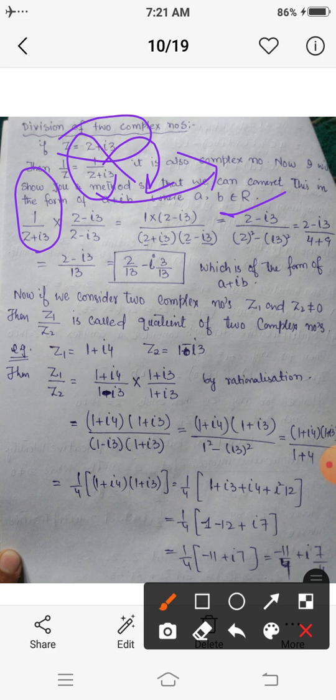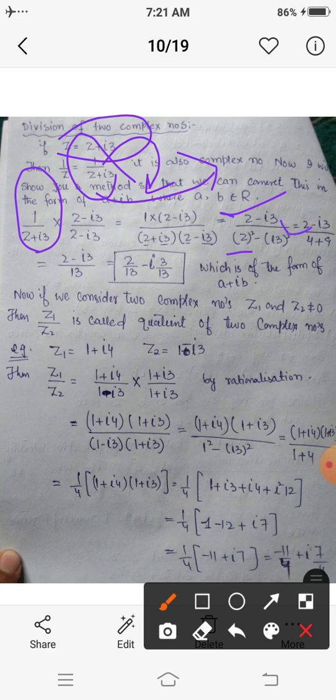In the denominator we have 2 plus iota 3 into 2 minus iota 3, which is of the form a minus b into a plus b. So it is a square minus b square, where b is iota 3. Iota 3 square is iota square into 3 square; 3 square is 9 and iota square is minus 1, so minus minus becomes plus. So it is simply 4 plus 9 in the denominator.